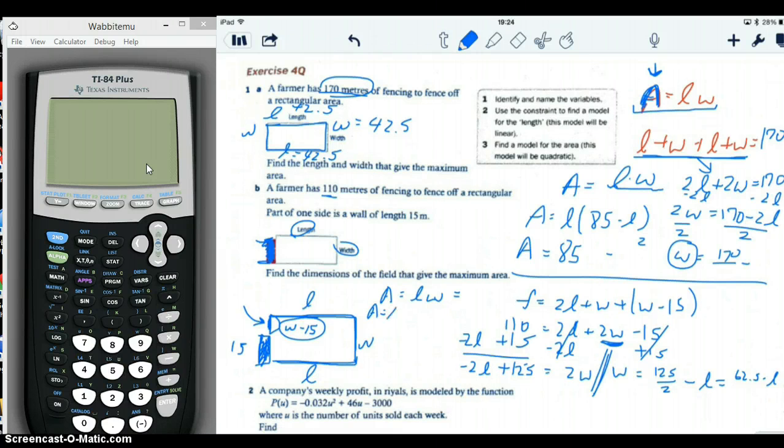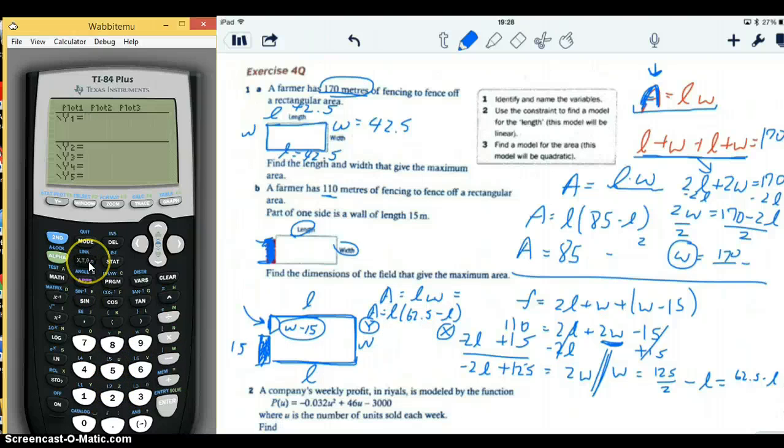Okay, and now we're going to go back here, and for this equation, we're going to put L times 62.5 minus L, which is the quantity that we're trying to maximize. So now we just put this equation into the calculator. We go to the y equals screen, and then we type it in.